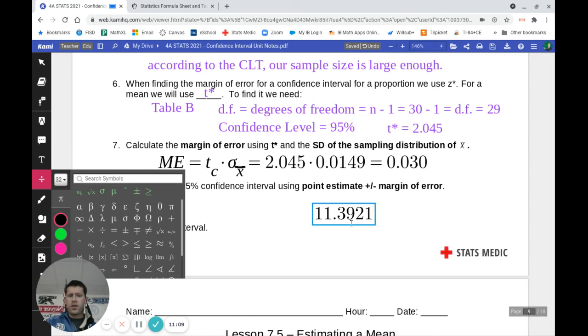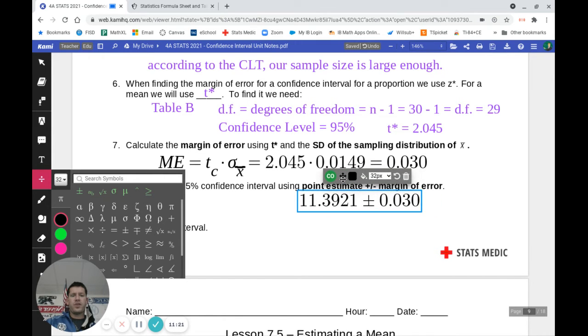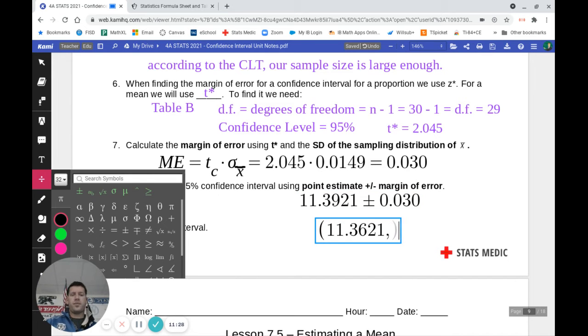There's a symbol for plus or minus. And we're going to add and subtract to it 0.030. And that will get us, when we do that, from 11.3621 to 11.4221.